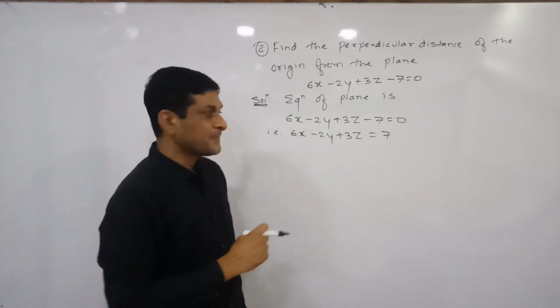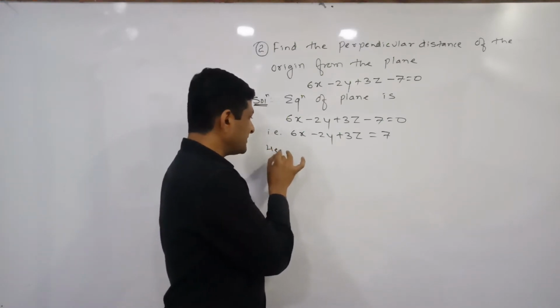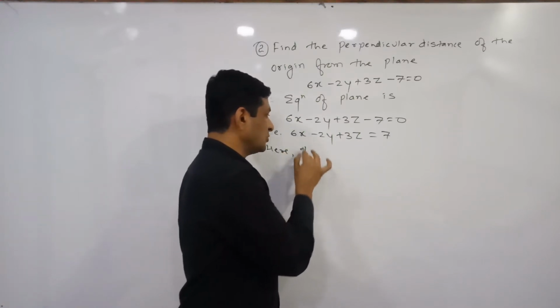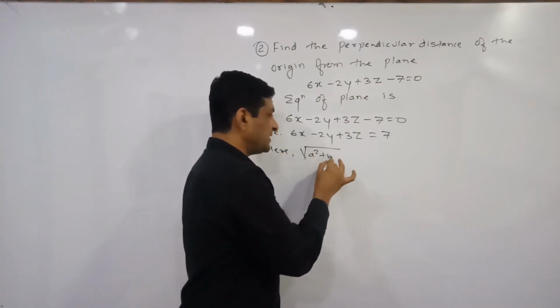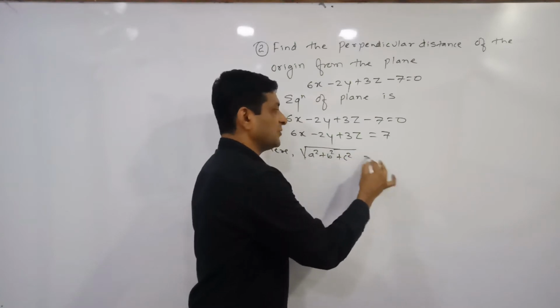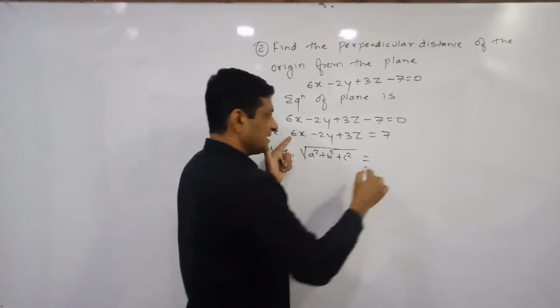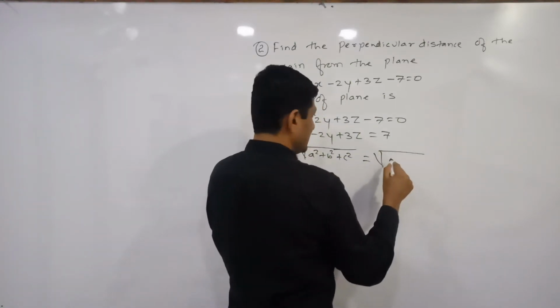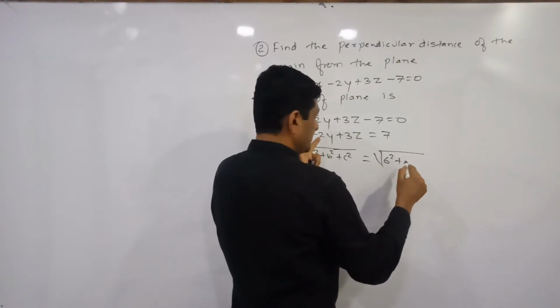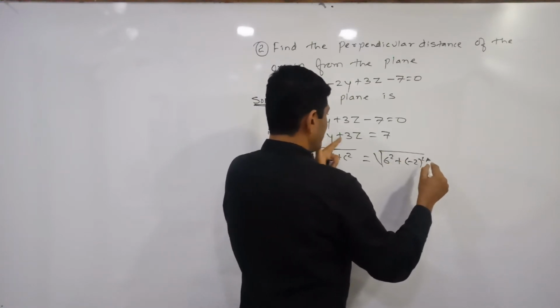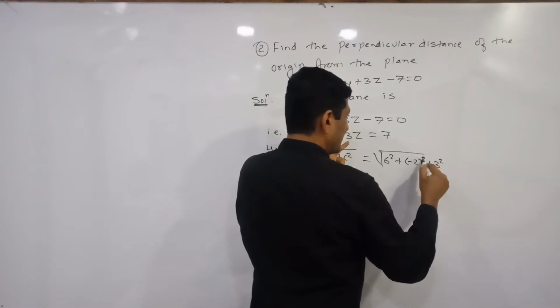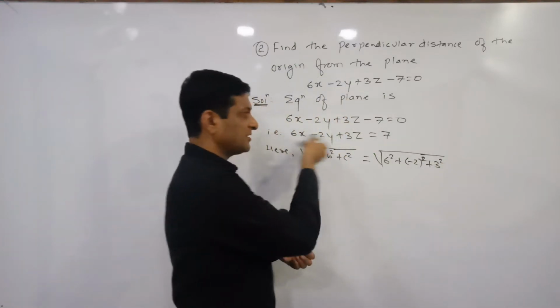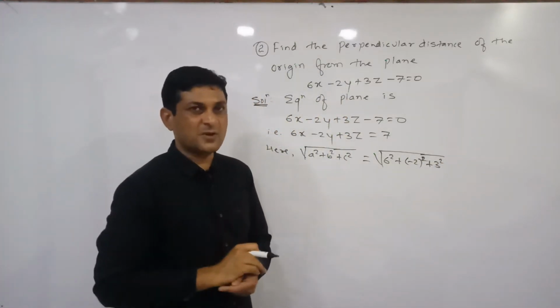We have to convert them into direction cosines. So here under root a square plus b square plus c square is equal to, a means 6 here, so 6 square plus b means minus 2 square plus c means 3 square. a, b, c are nothing but direction ratios which we get from the equation.